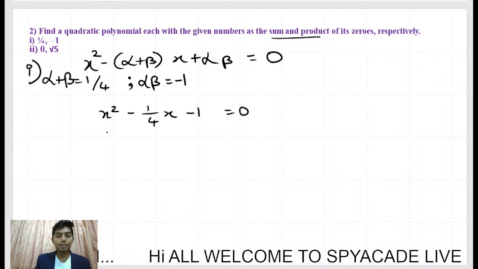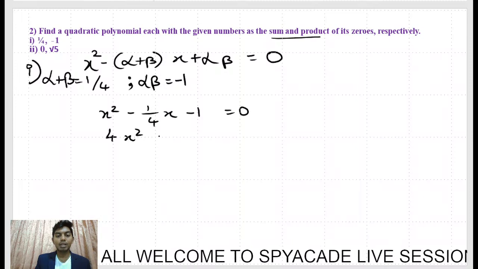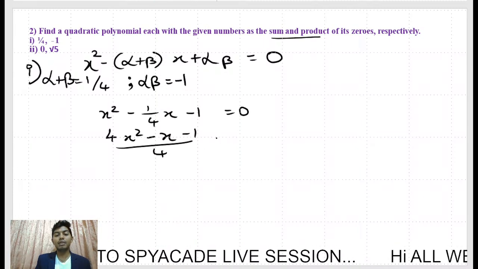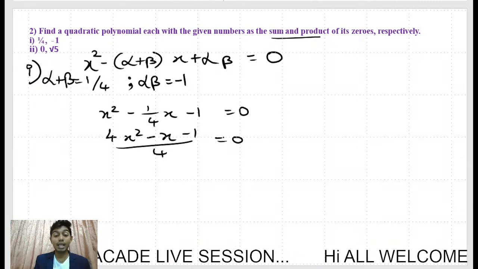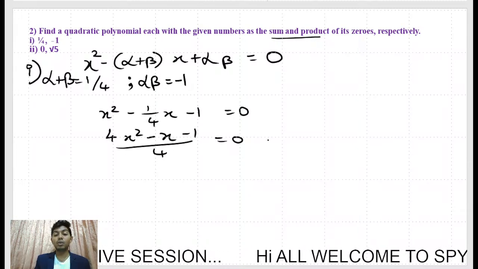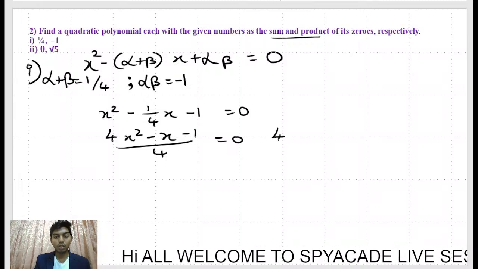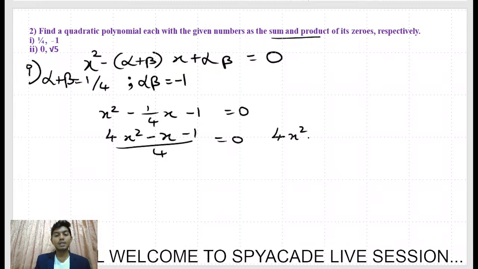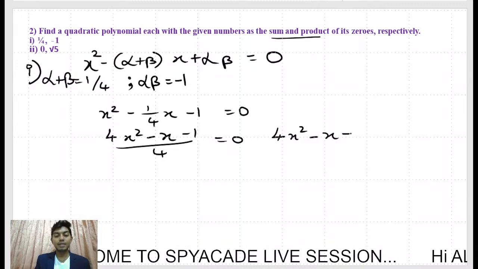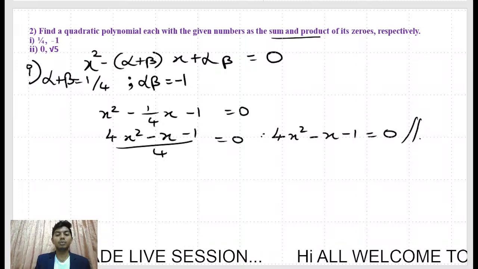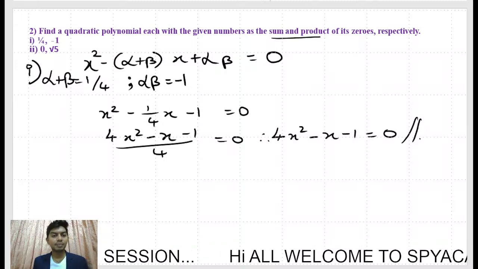Now simplify this: 4x square minus x minus 1, the whole divided by 4, is equal to 0. I have just taken the LCM, and then if the division by 4 comes to this side, it will become multiplication, and 4 into 0 will become 0. Therefore, the equation is 4x square minus x minus 1 is equal to 0. Is it clear for everyone?